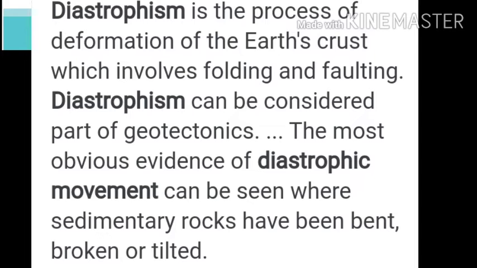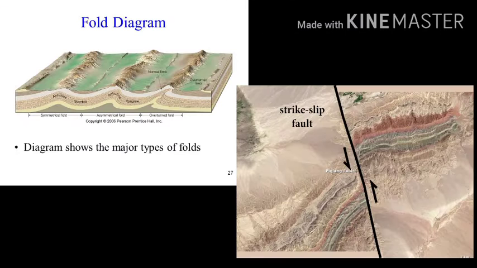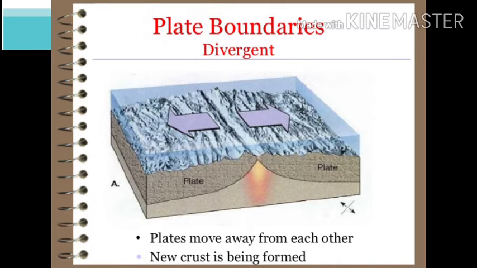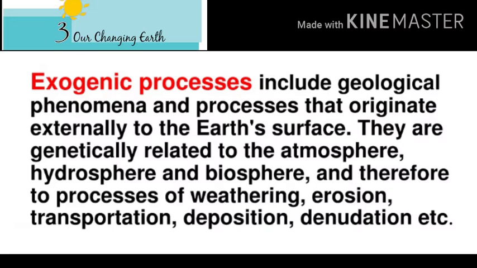Diastrophic forces refer to forces generated by the movement of the solid material of the Earth's crust. They also cause land folding and faulting, as well as elevation, mountains and depression, rift valleys of lands.